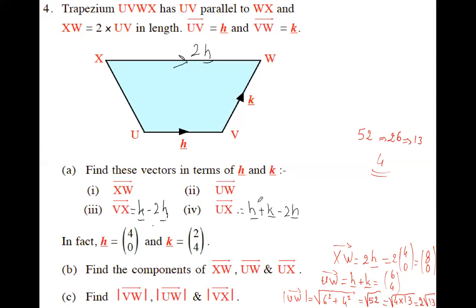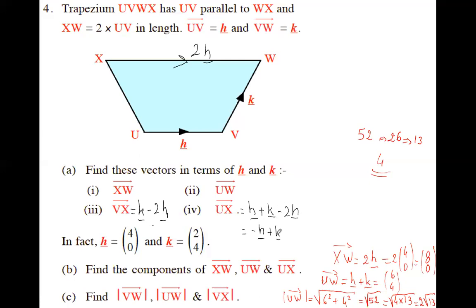So now you're going to treat these vectors as if you had algebraic terms. So H take away 2H is negative H, and then plus K. And that's us. We've written all these vectors using H and K, which is what they had asked us to do.